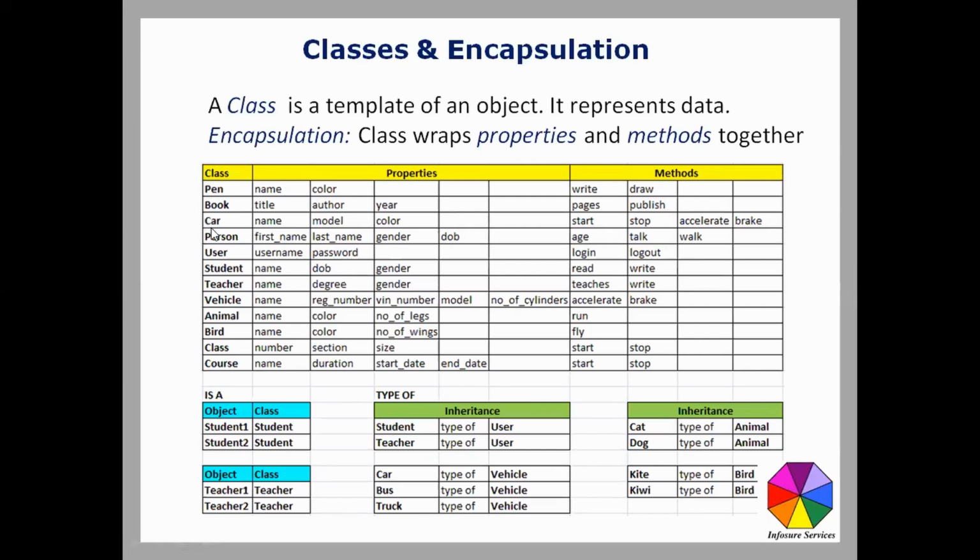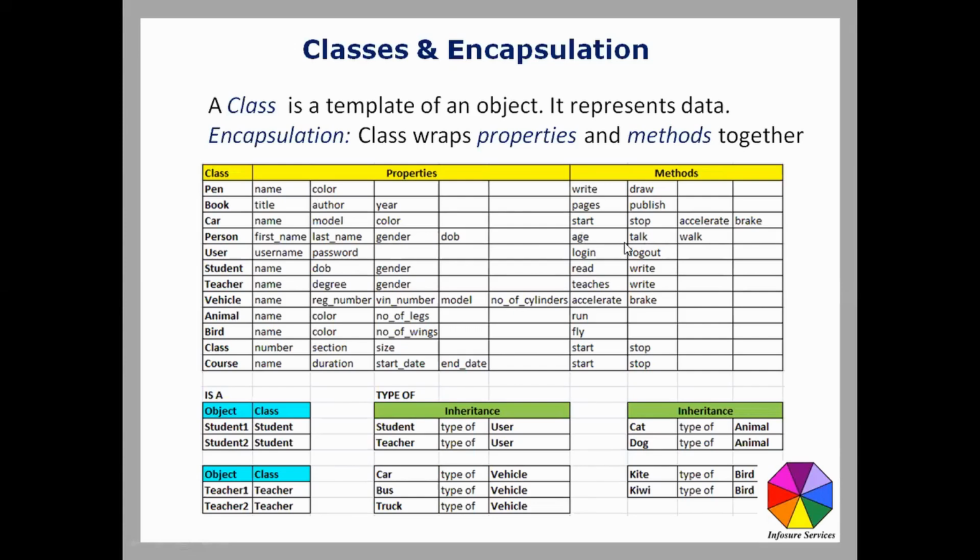A car, yet another example, car as a name, a model, a model year number. A car can have a color. Car can start, stop, accelerate, and brake. These are methods of the car class. Person can have first name, last name, gender, date of birth. Methods are age. A person can have age, which is a number. And a person can talk, walk.